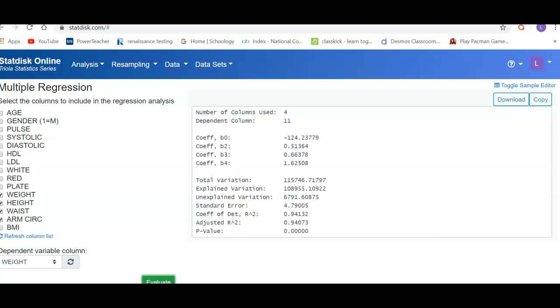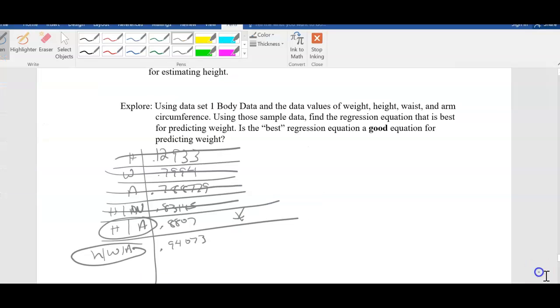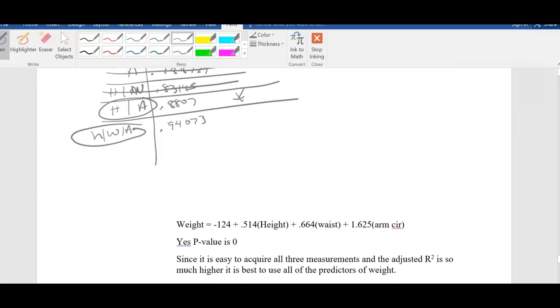The 0.663 goes to the waist, and the arm circumference is 1.625. So if we use all of those, your equation would be what's down here at the bottom of the page, right here.